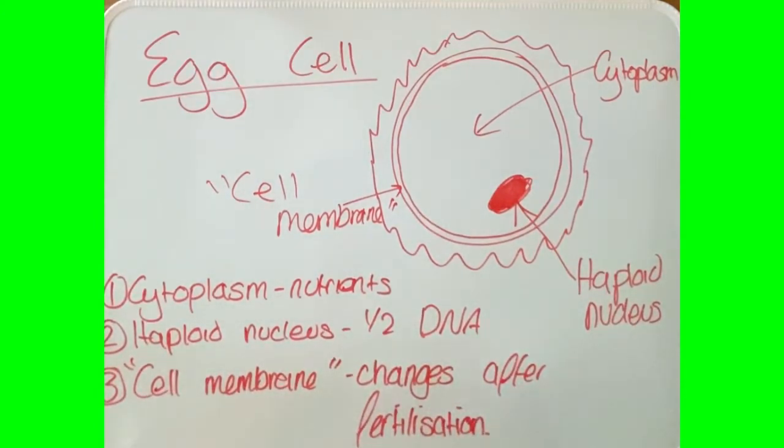And this change means that the cell membrane becomes harder, so no other sperm cells can come and fertilise the egg. The egg cells are found in the ovaries. And to summarise, the egg cell's job is also to carry genetic information. So it's exactly the same as the sperm cell, just one's found in females and one is found in males.